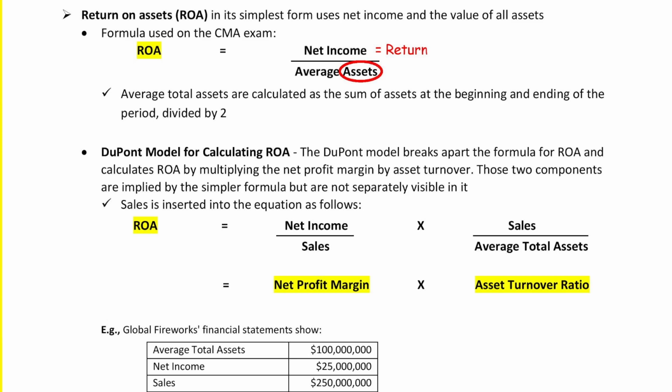Asset turnover ratio is equal to sales divided by average assets. When we multiply net profit margin by the asset turnover ratio, we have net income divided by sales multiplied by sales divided by average assets. If you scratch off sales in both formulae, you get net income divided by average assets. That's your ROA, or return on assets.